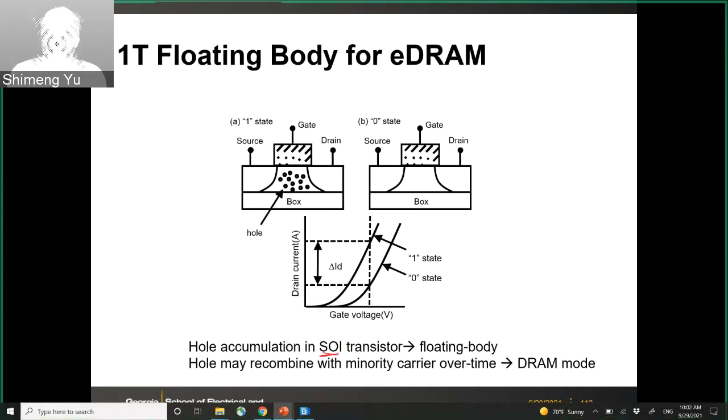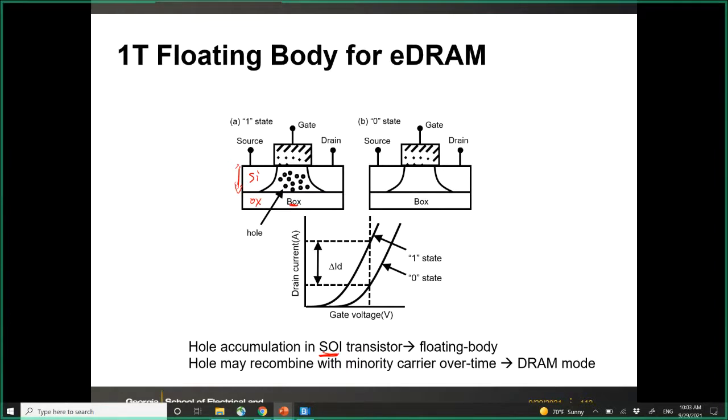Here the SOI is silicon on top of the so-called buried oxide, so this is silicon on top of silicon dioxide. You have a thin body here, a few nanometer thick silicon. This is your substrate, and this is the SOI technology, like IBM, GlobalFoundries, and also Samsung may have this kind of process.